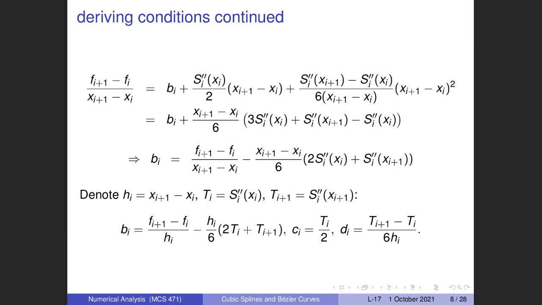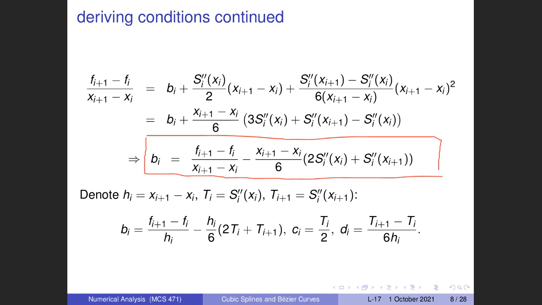So we simplify this by rearranging the terms. So the terms in the unknown si's, so the second derivative, the concavity terms. So this gives us an expression. So the result here is this expression.